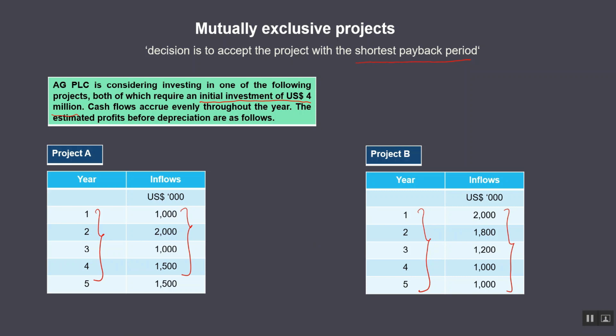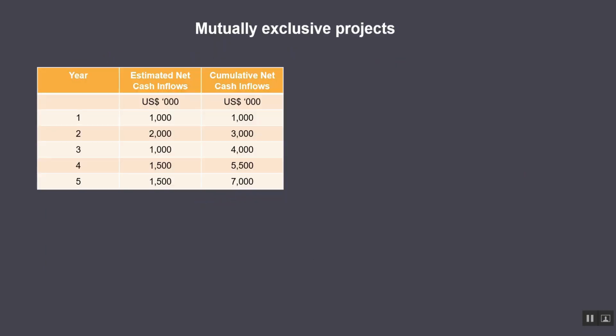So let's calculate the payback period. As I explained in my previous video, we need to identify the cumulative cash inflows to identify the payback period. So let's identify the cumulative net cash flows. At the end of the first year, the project will earn 1 million, so 1 million will be the cumulative cash inflows.